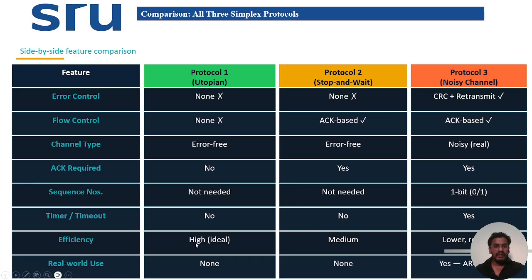Efficiency: high in the ideal transmission case, medium efficiency can be achieved in the second, and lower but reliable efficiency in the third. Real-world use: not much in the first, not applicable in the second, and yes, ARQ-based in the third.